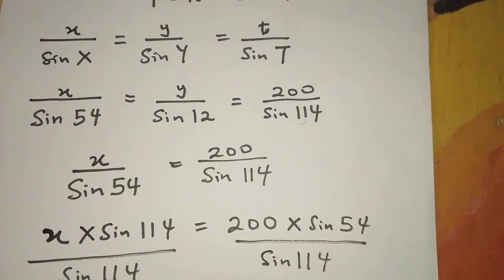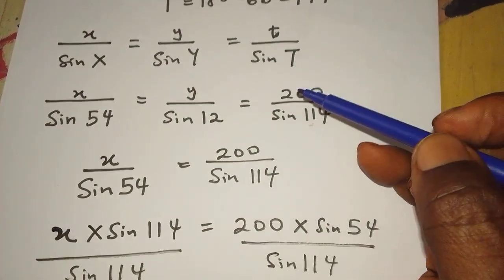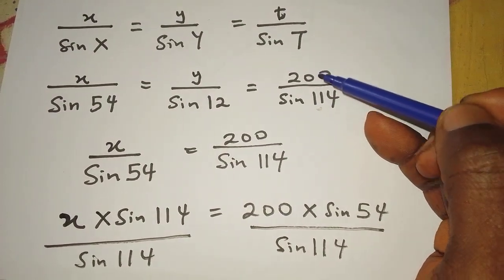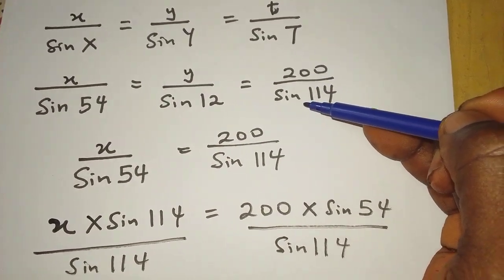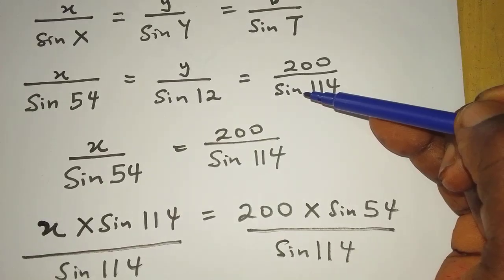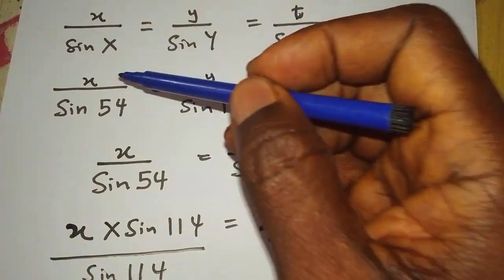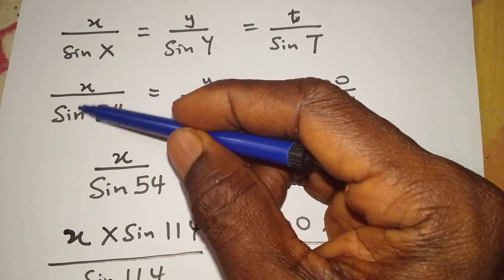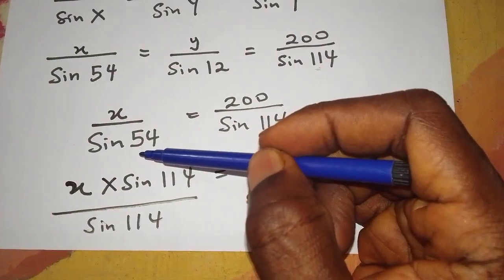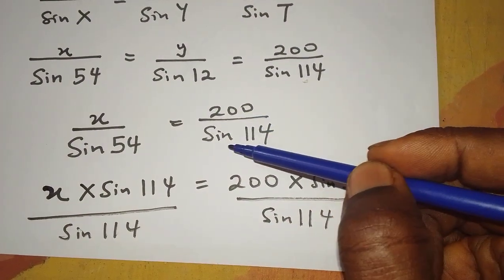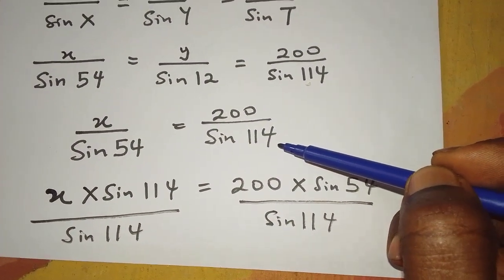Now, so here you now have a complete ratio. Then you are told to look for x, the distance between the tree and Y. So since x is what you are looking for, pick this one. So x over sine 54 is equal to 200 over sine 114.